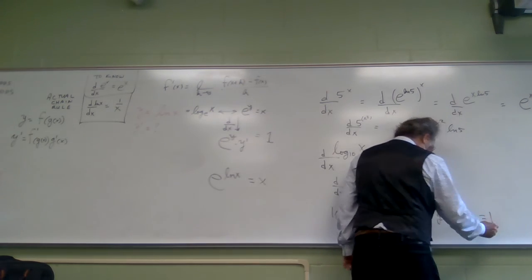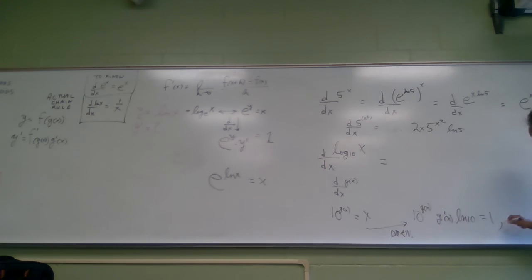So g prime of x is equal to 1 over natural log of 10, 1 over 10 to the g of x. What's 10 to the g of x again? 10 to the g of x is x. We just did this. It's right there. We just did a notational thing.